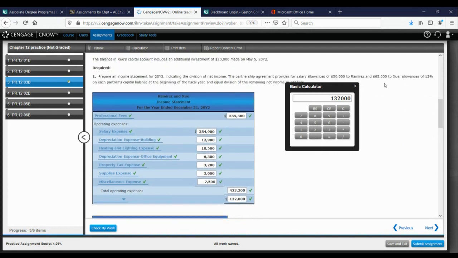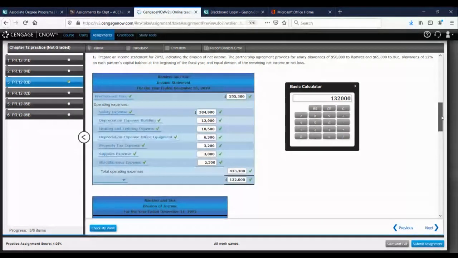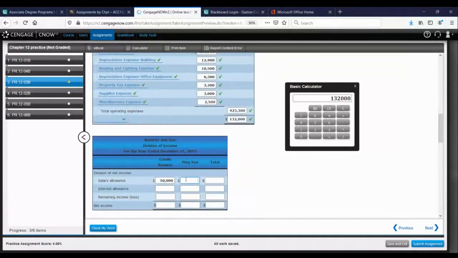To you, we're going to have 65,000 as the salary allowance. The next step would be to find the total of the salary allowances. So you're simply going to add the two of these together.